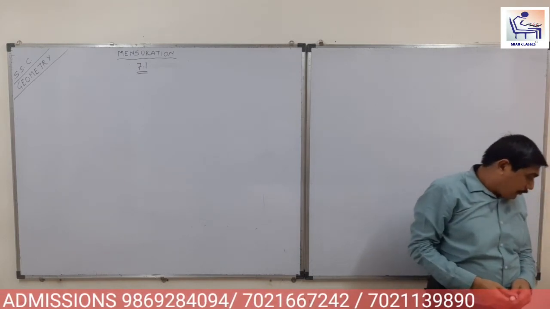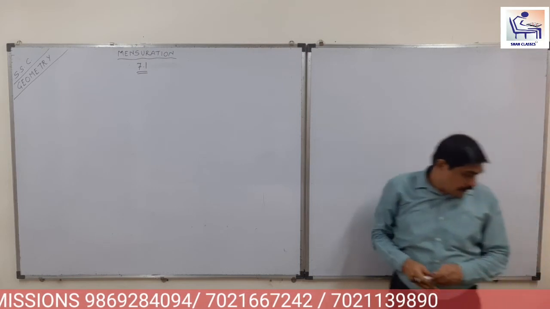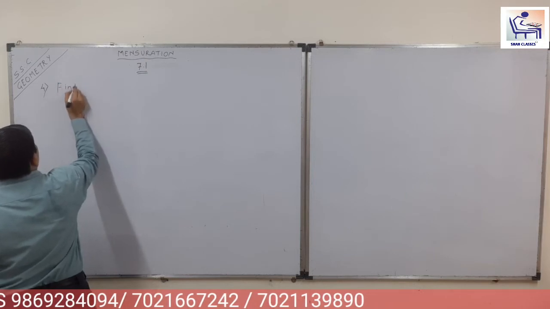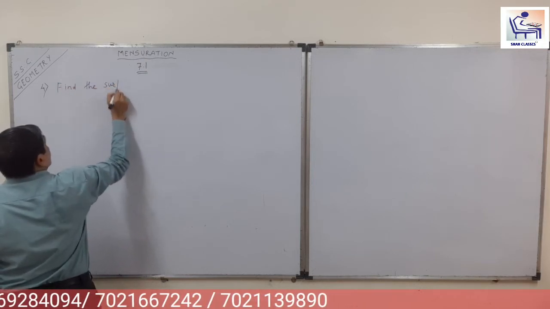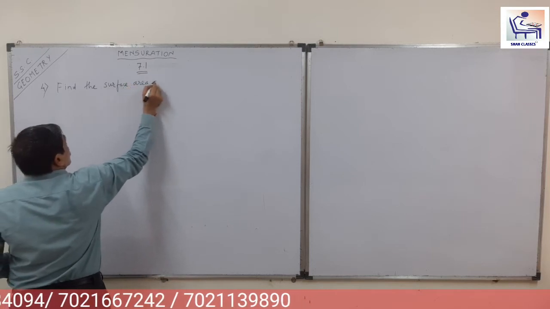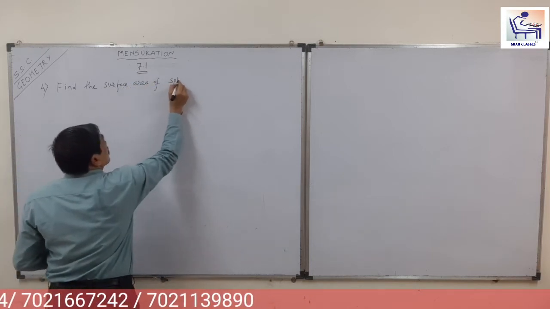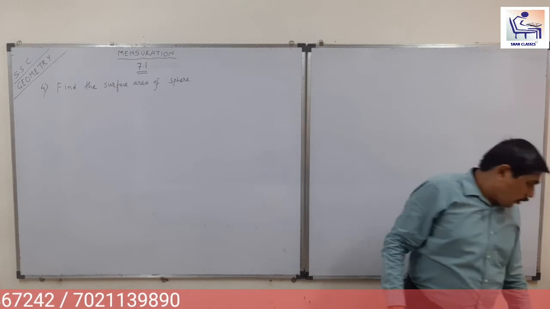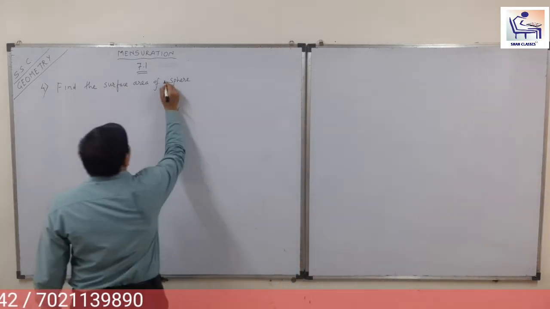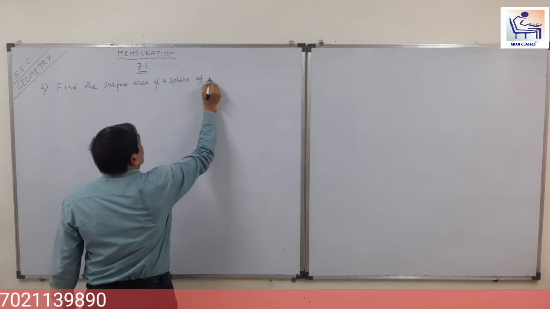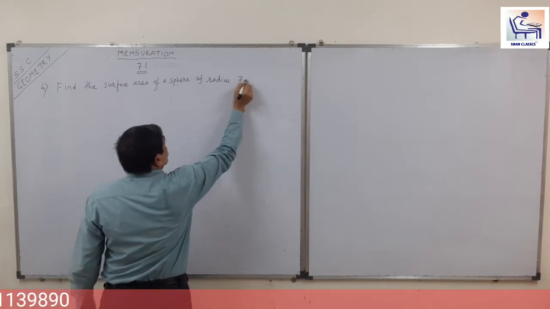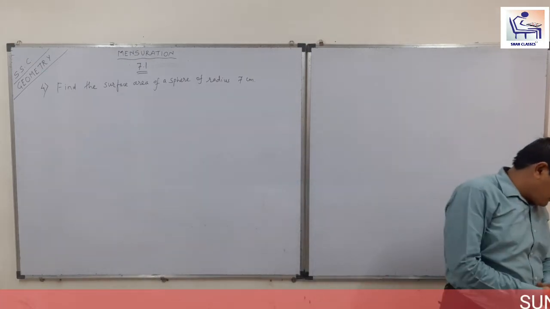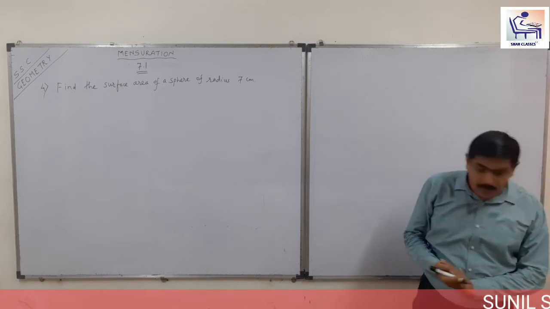Okay, fourth sum. Find the surface area of a sphere. Find the surface area of a sphere of radius 7 centimeter.